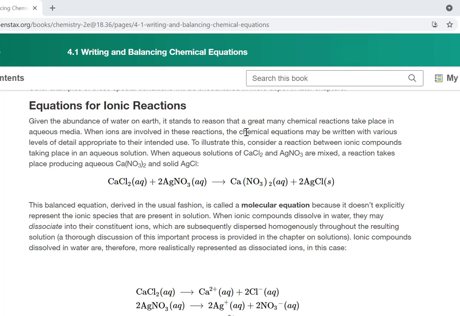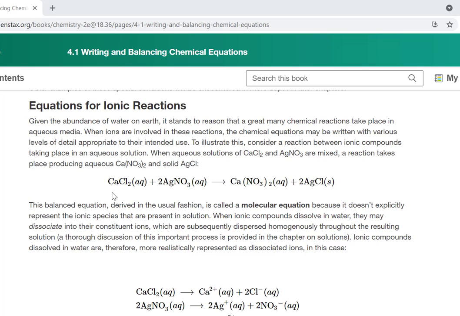When we write the reaction as we're showing here, it is sometimes called a molecular equation. Now this is a bit of a misnomer. Unfortunately, pretty much all textbooks, including this free online one, use the words molecular equation. It's been that way since I was taking general chemistry many years ago. And the reason I say this is unfortunate is that there are actually no molecules in this equation.